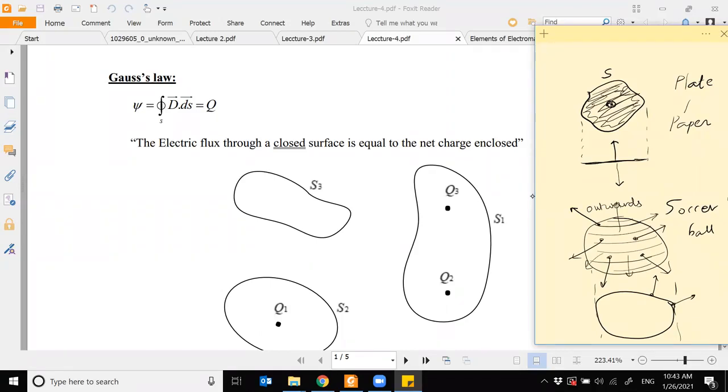So there must be a charge inside that closed surface. The flux which is coming out of this closed surface must be equal to the charge enclosed.